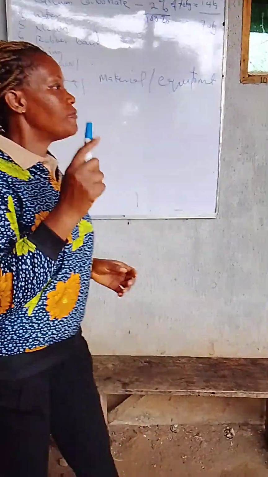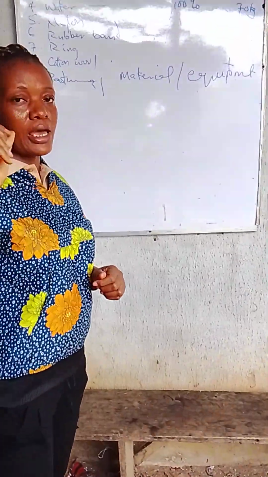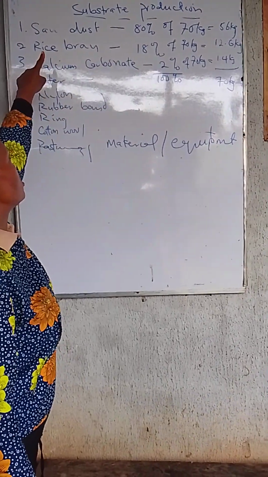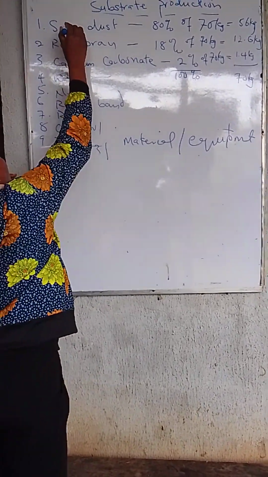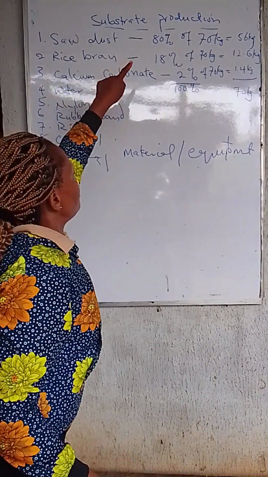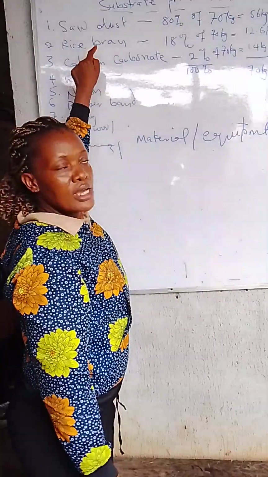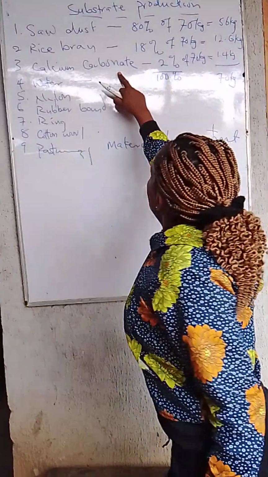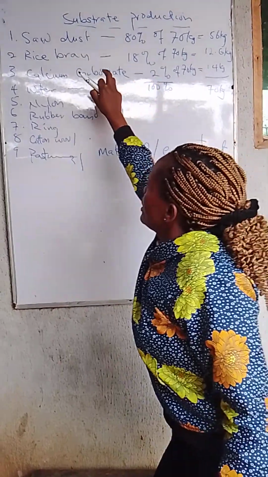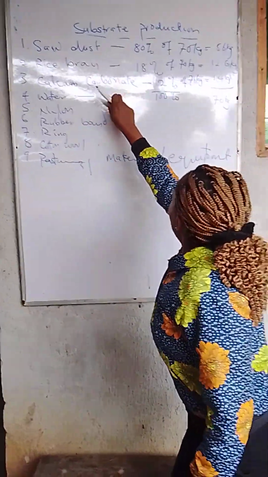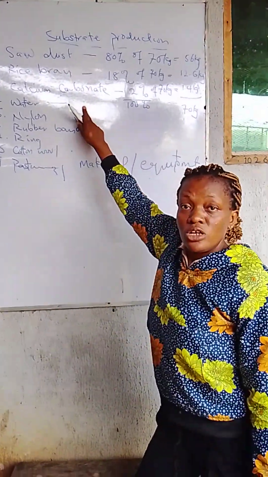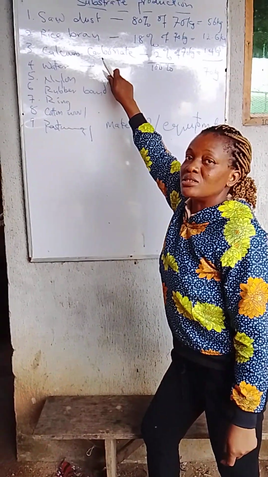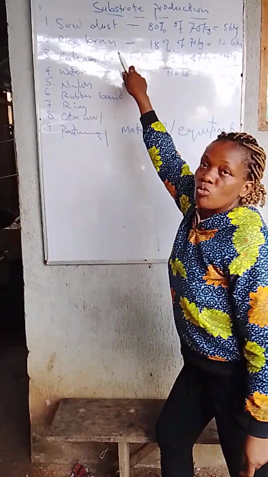All right. In formulation of this substrate, you will need 80% sawdust, as you can see written on this place. You will need 18% of rice bran, and 2% calcium carbonate. Then for water, you need about 70% dry matter of water.